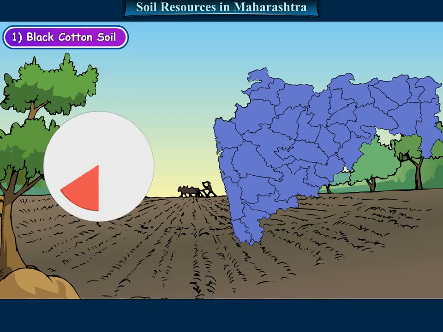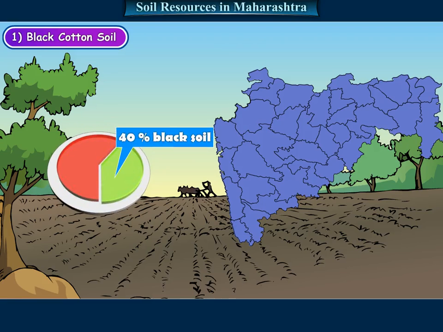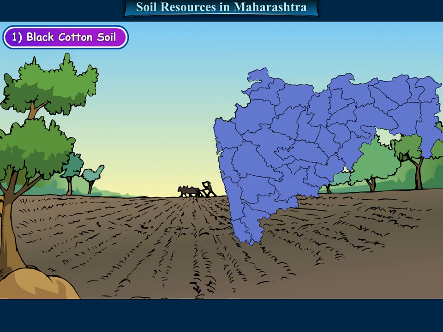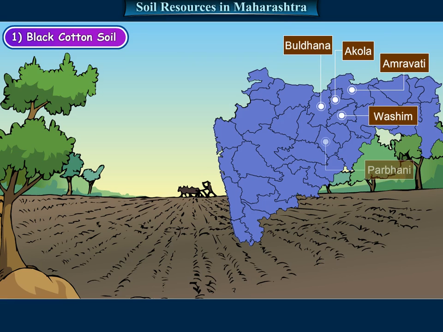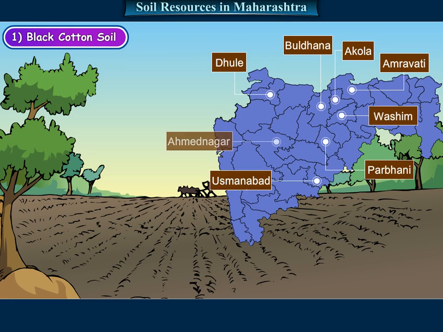Out of the total area of Maharashtra, about 40% area is covered by black soil. We find black soil in the districts of Amravati, Akola, Washim, Buldhana, Parbhani, Dhule, Usmanabad, Ahmednagar, Jalgaon, and Hingoli of Maharashtra.